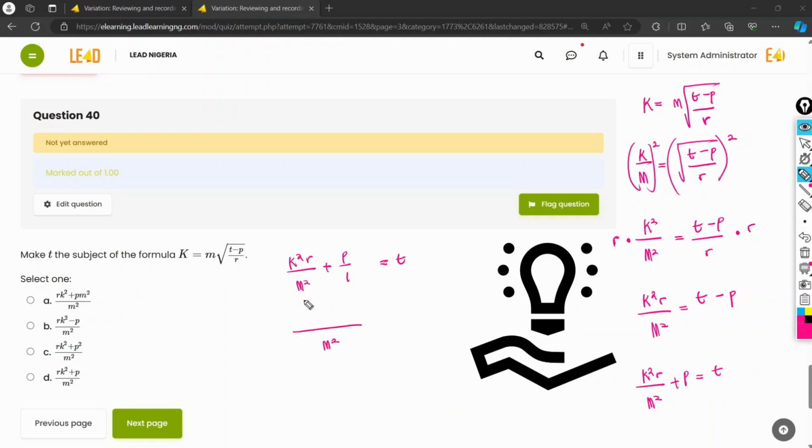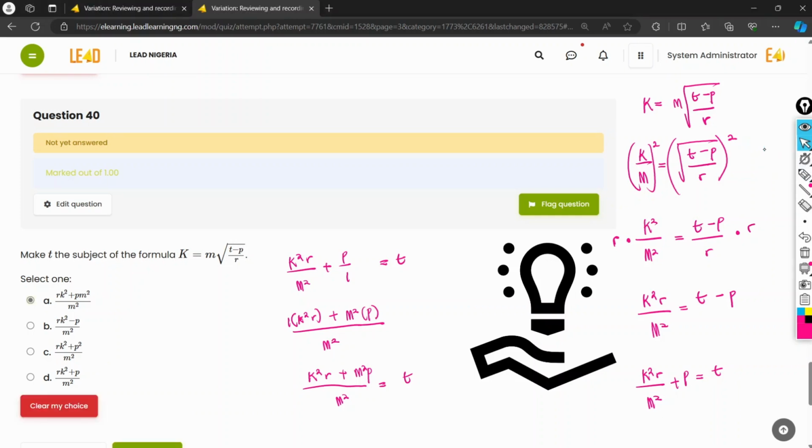M squared divided by M squared is 1, so that will be 1 times K squared R. Then M squared divided by 1 is M squared, so we just have M squared times P. So the top is K squared R plus M squared P over M squared is equal to T. That's option A. R K squared plus PM squared over M squared. That's A. That's for question 40.